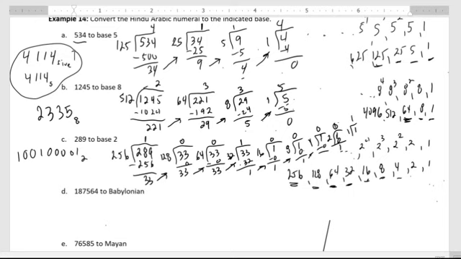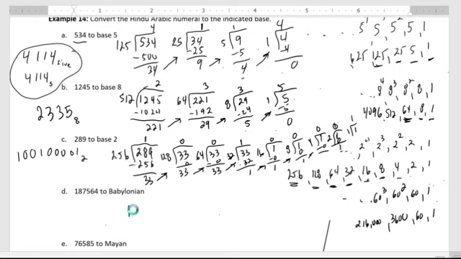Okay, let's try the Babylonians. So for the Babylonians, we have 1, 60, 60 squared, 60 cubed, and so on. So this is 1, 60, 3600, and 216,000.